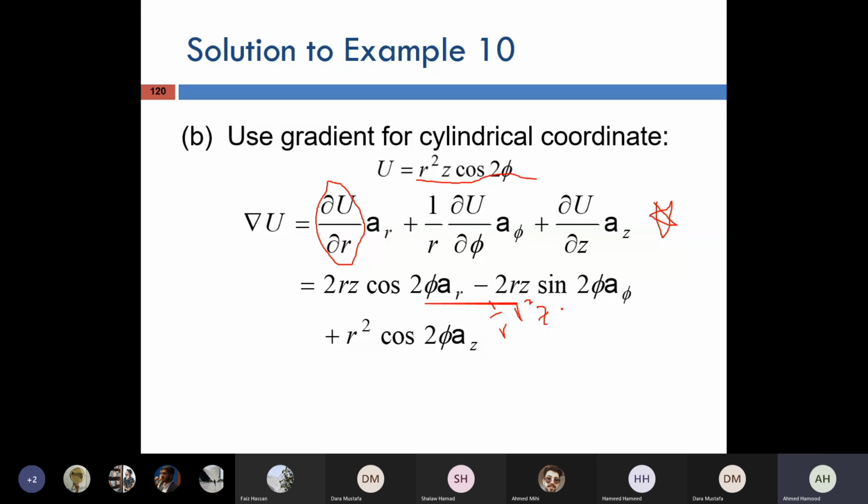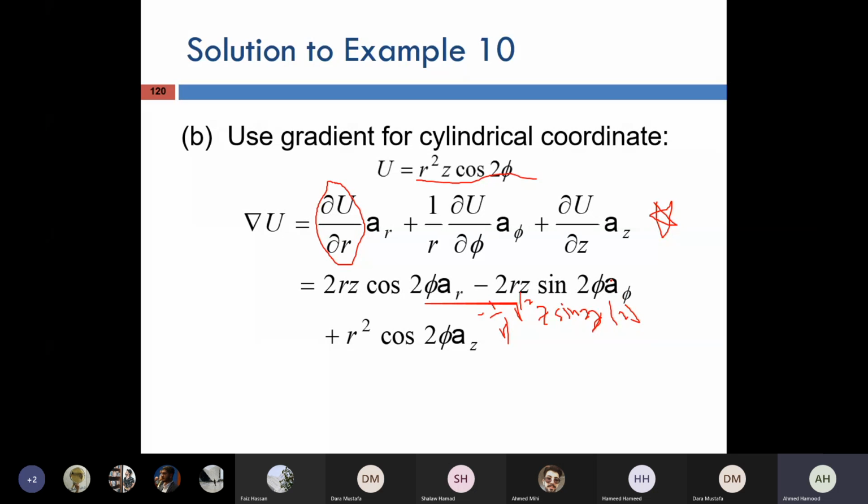Cosine 2 phi differentiates to negative sine 2 phi multiplying by 2. So 1 r with 1 r, you will have negative 2 rz sine 2 phi a phi.